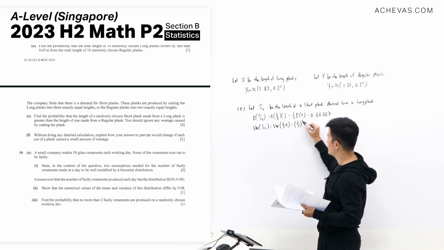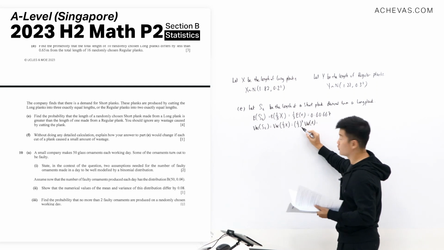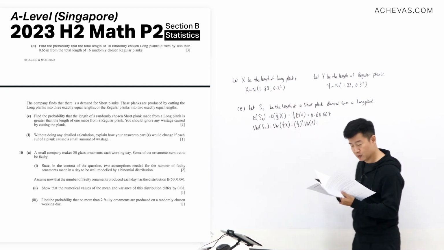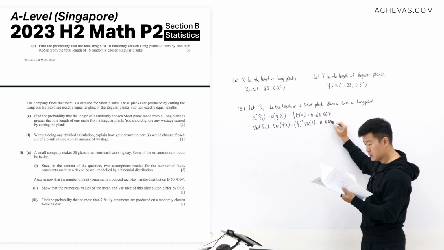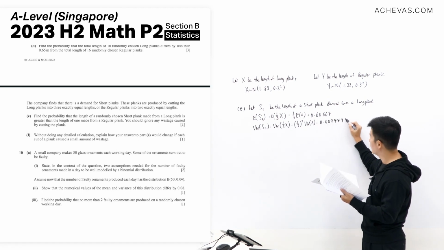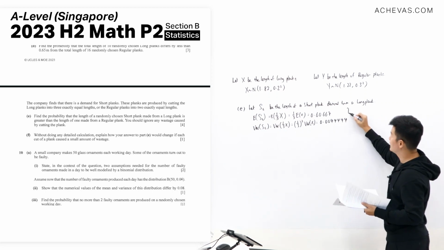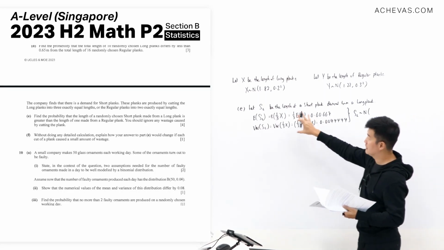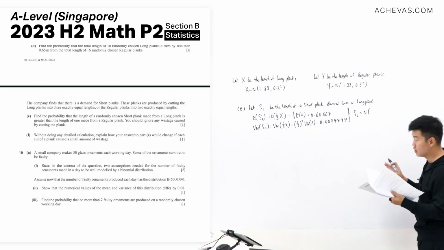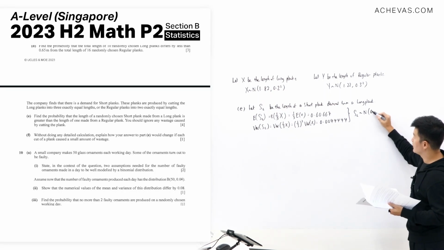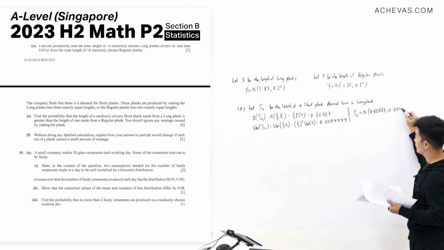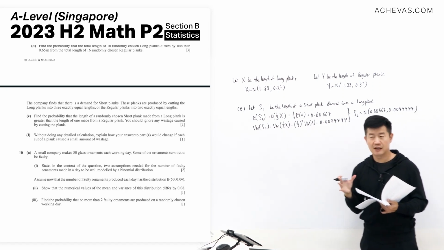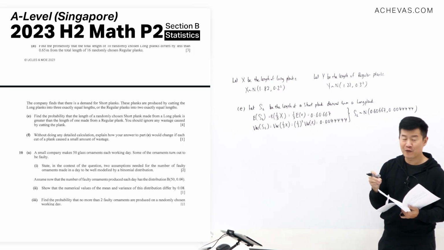This will be 1 over 3 squared times the variance of x, so 1 over 3 squared multiplied by 0.2 squared, which is equal to 0.00444444. Based on this, SL is going to follow a normal distribution because it is a linear combination of another normal distribution, with a mean of 0.60667 and a variance of 0.00444444.